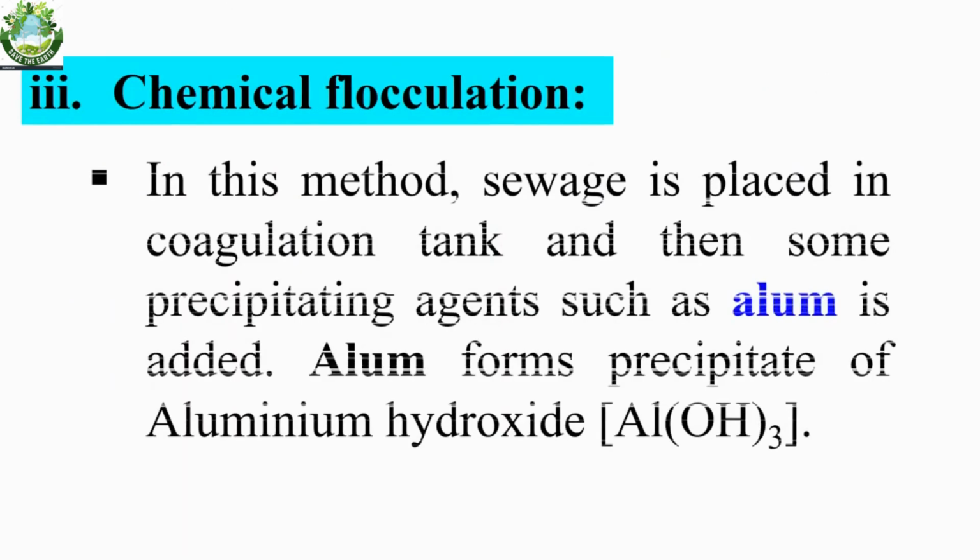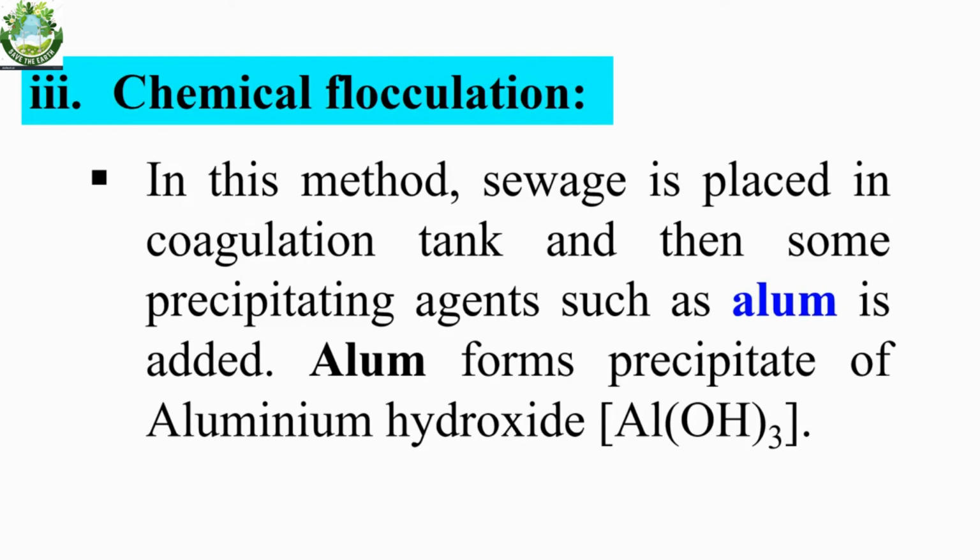Chemical flocculation. In this case, we just add some chemicals which coagulate these solid particles, or help in their precipitation. A generally used precipitating agent is alum. Alum forms a precipitate of aluminium hydroxide, and suspended solids attach to the precipitate, such that the size of the precipitate increases and it settles down. When alum is added to the water, it forms the precipitate of aluminium hydroxide.